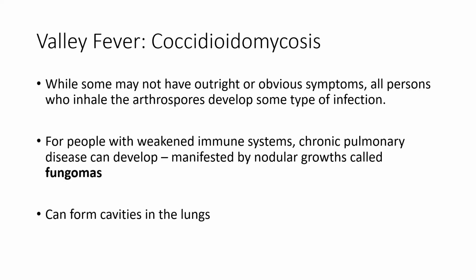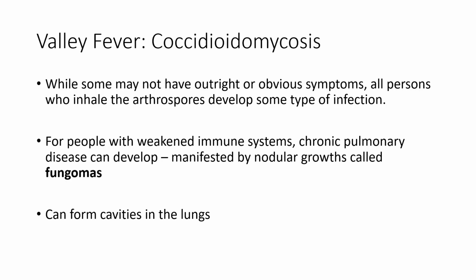While some may not outright show obvious symptoms, and I'm just drilling this into y'all's heads, basically all people who inhale this arthrospore develop some type of infection. People with weakened immune systems can develop chronic pulmonary disease.